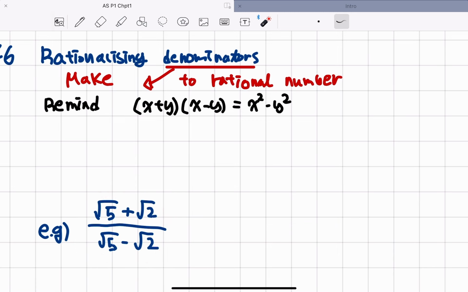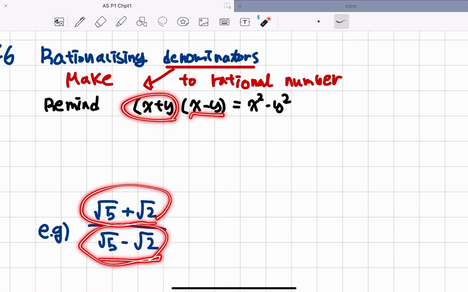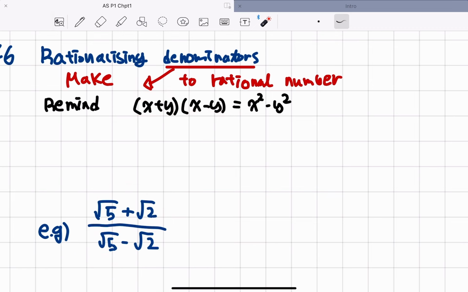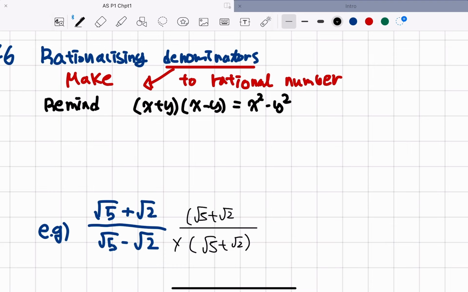Then we should multiply on the numerator and also the denominator to make the denominator a rational number. So we need to multiply square root of 5 plus square root of 2 on both numerator and denominator.